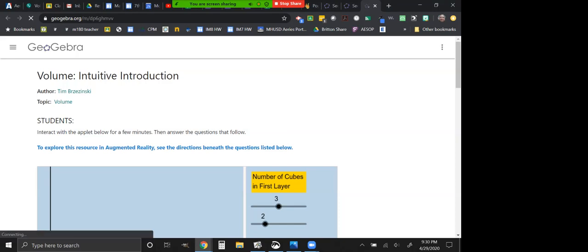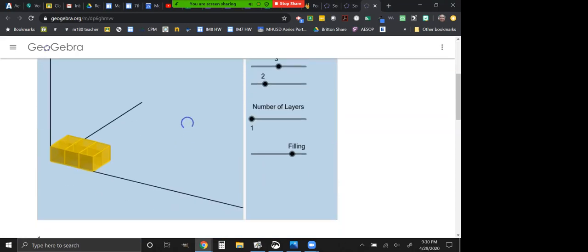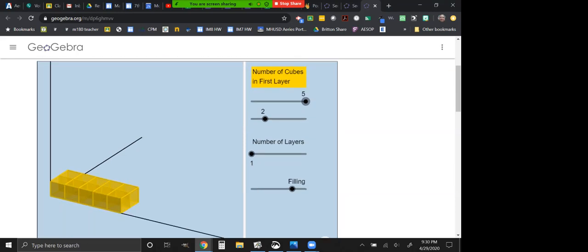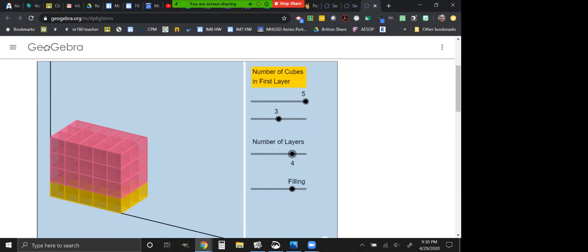The visual of this comes from this activity. I can't do a 6 wide, but I can do 5 wide this way, and I can do 3 wide that way. If it's 5 by 3, how many pieces would fit on this piece? Now, if I took those 15 pieces and layered them 2 layers, then 3 layers, then 4 layers, with 15 on the bottom and 4 layers of 15, that would be a total of 60 cubes.